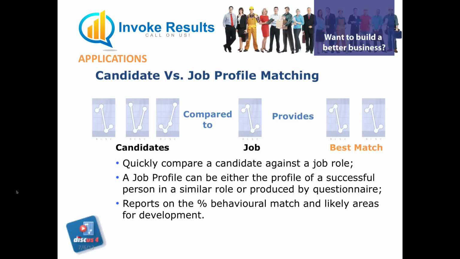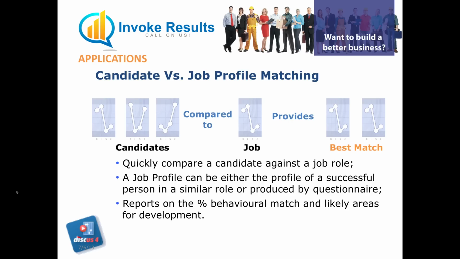We take a sample of their best performers and a sample of their bottom performers, and we look to see if there are profiles that the top performers clearly have that the bottom performers don't. Then we can turn those profiles into the job profile to compare your candidates against. Once you've done that, profile the candidate, compare them against the job, and it will come up with your best matches.